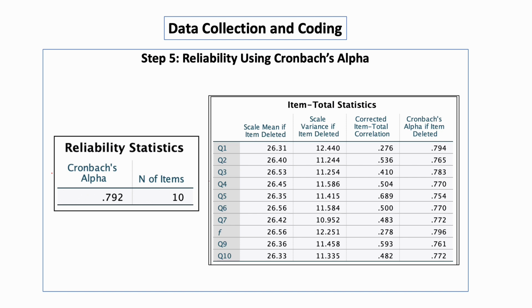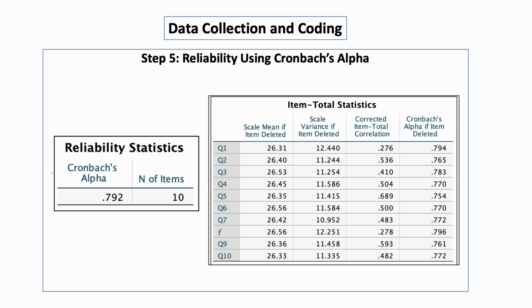That means this item is contributing more to the consistency of the overall items. So this is an important output in the item total statistics, to see what happens to the Cronbach alpha if the item is deleted.